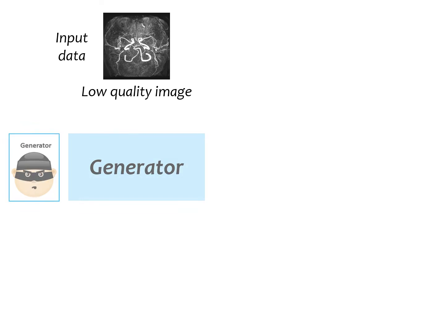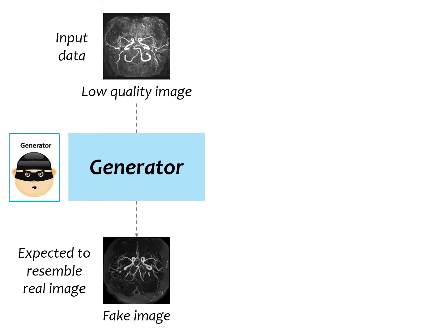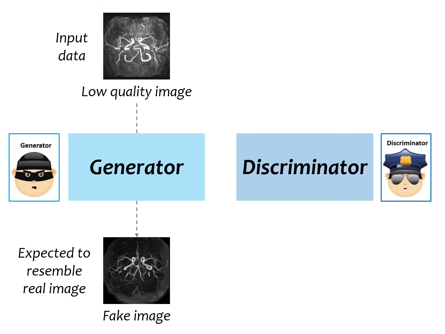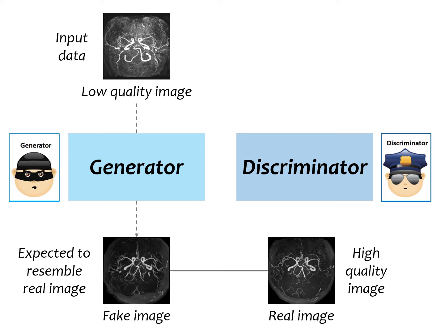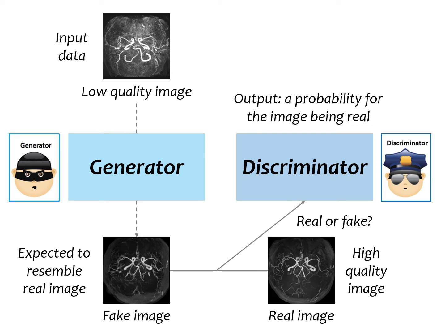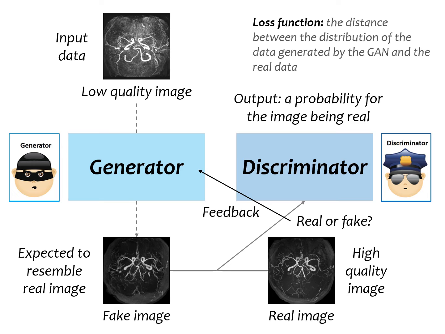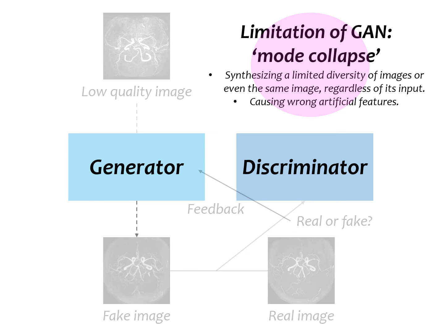Using input data, usually low-quality images, the generator generated the fake image expected to resemble real high-quality images. Then the discriminator determined a probability for the image being real. Using the output from the discriminator, the generator adapted its parameters to improve the generated images. All these pathways have been aimed at minimizing the loss function.